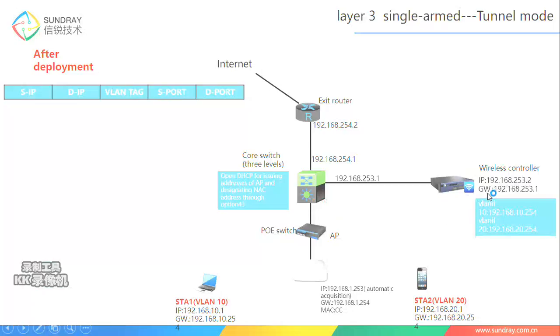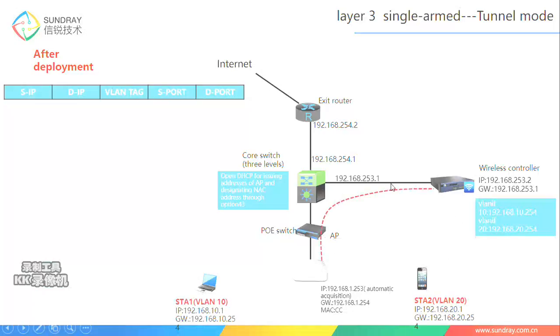And the VLAN interfaces are set on the controller: VLAN 10 for one SSID and VLAN 20 for another. Actually, for different devices, we can set VLANs based on the devices.